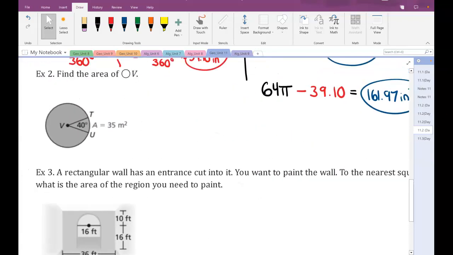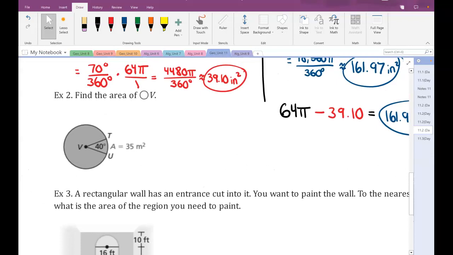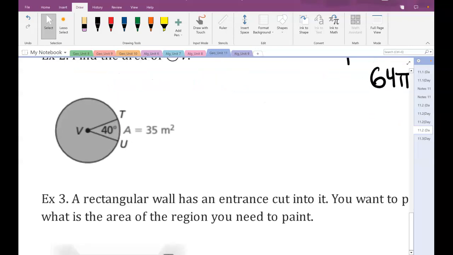All right, next piece. We're finding the area of a circle now, given we know just the area of a slice of it. Think about, okay, if we know that a 40-degree slice is 35 meters squared, how many times can we evenly slice this 360-degree circle into 40-degree slices?